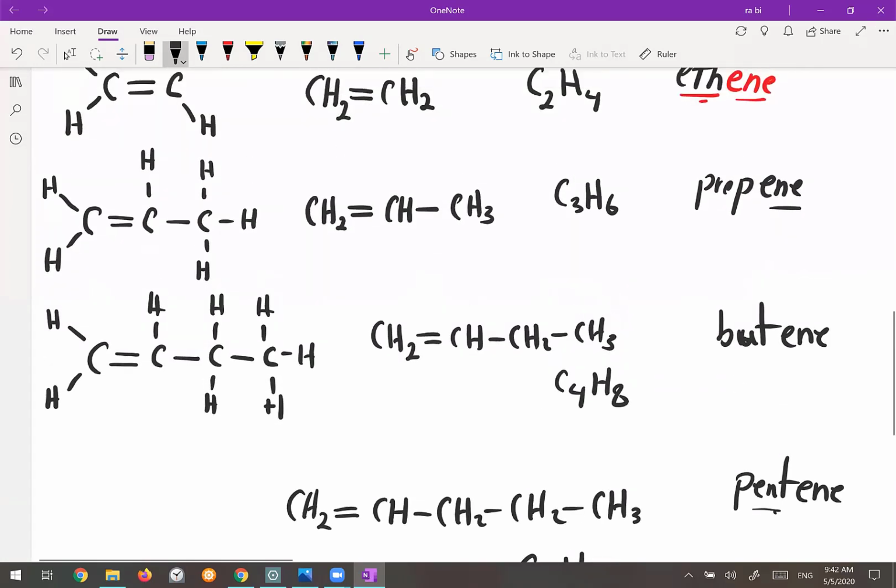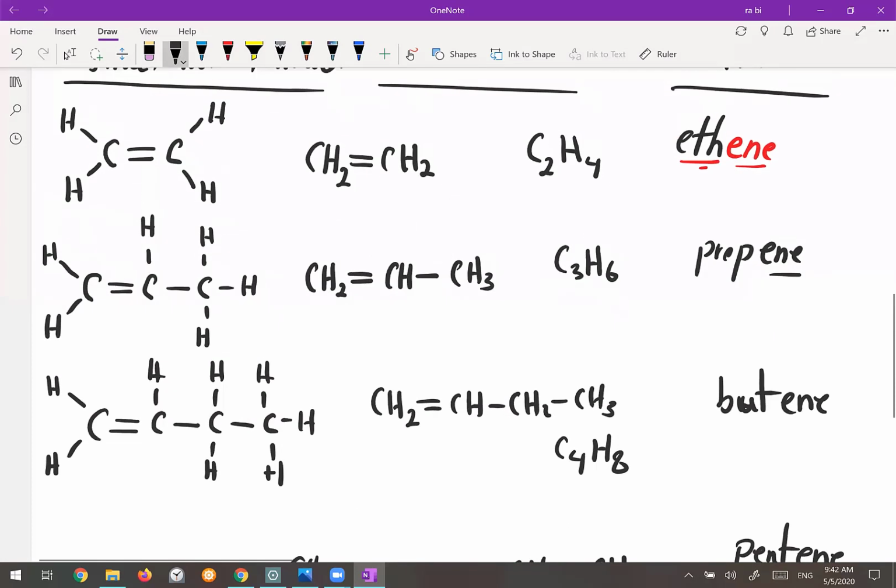Okay. Again, in the alkenes, can you find any relationship between the number of carbons and hydrogens in each of these compounds? The relationship between the number of carbons and hydrogens. They're doubled, so the hydrogens are 2 times the number of carbons. Exactly.